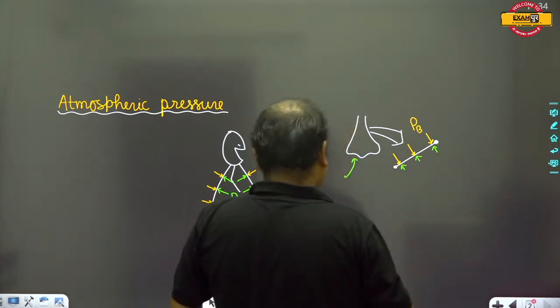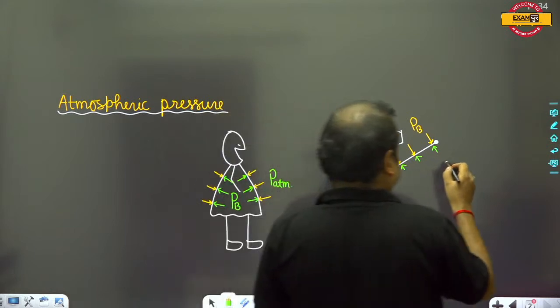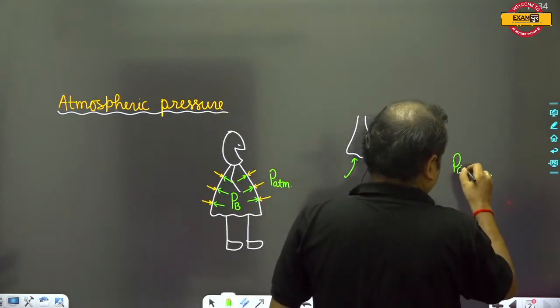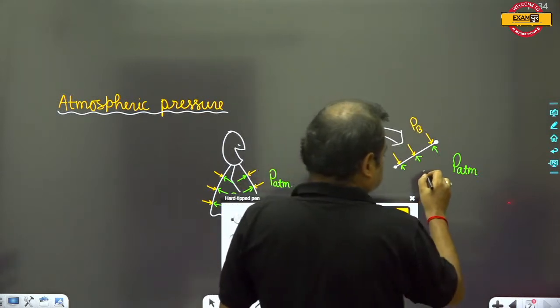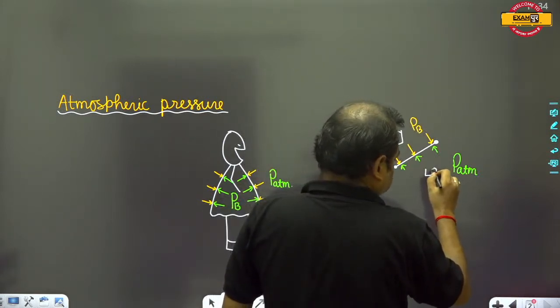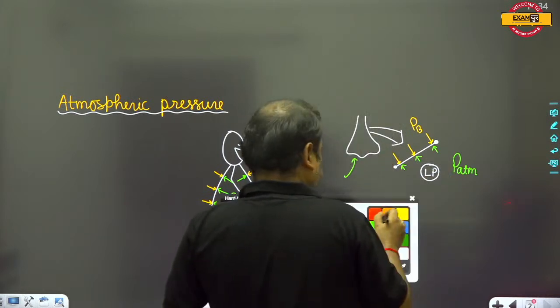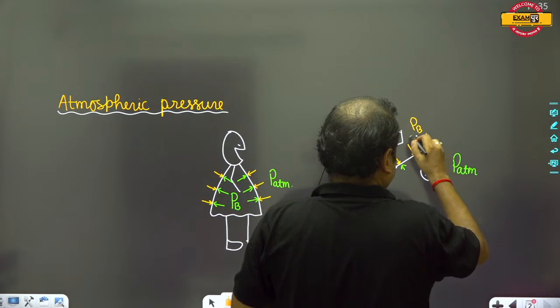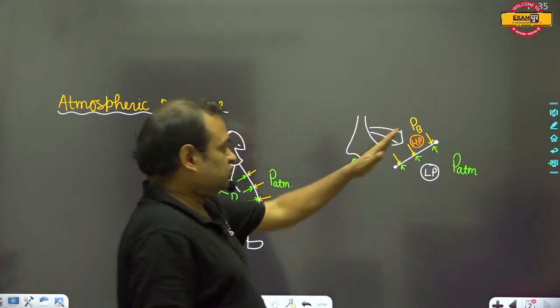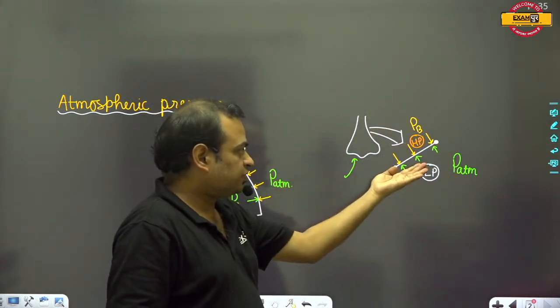It means the atmospheric pressure at very high altitudes is very low. So here we can write, here is low pressure, and here is high pressure.